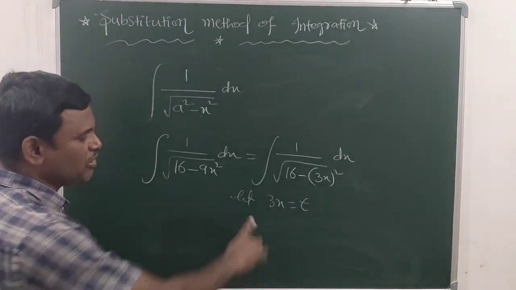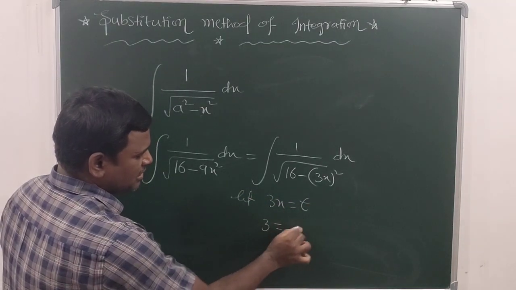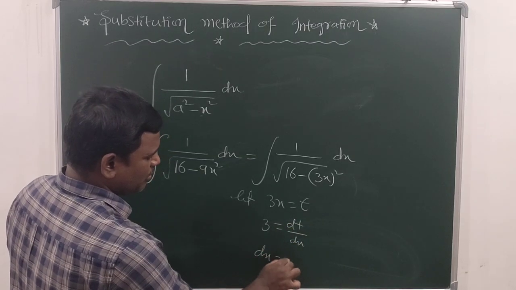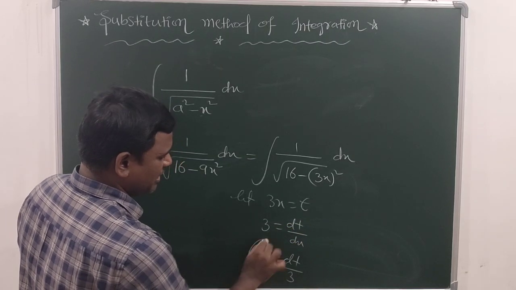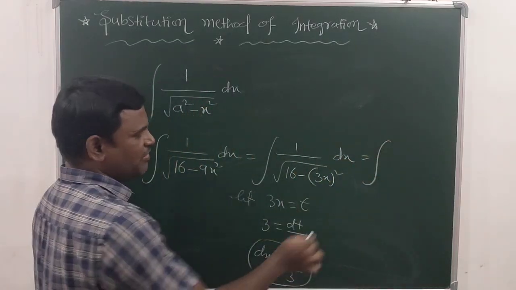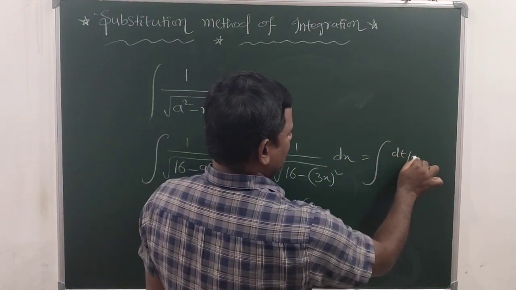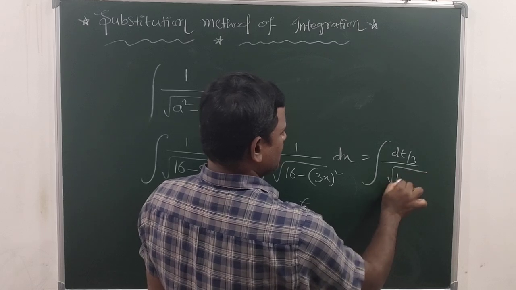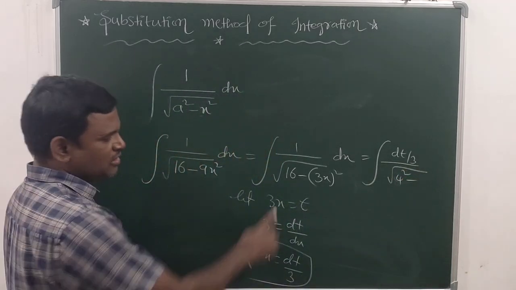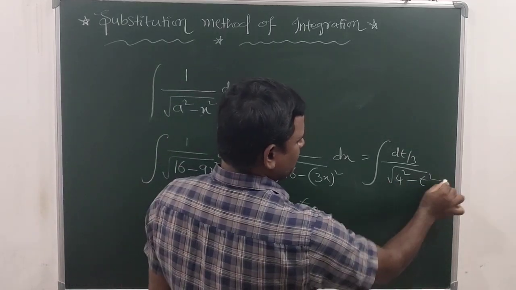Now do the derivative on both sides with respect to x. 3 equal to dt by dx. Now dx equal to dt by 3 you will get. Now come here, integral of dx value is dt by 3 whole by 16 can be written as 4 square minus, so 3x is t square.